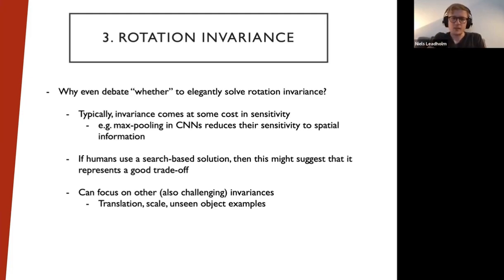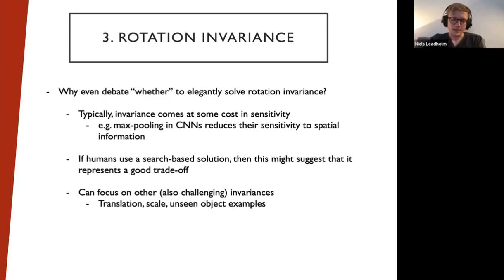A classic example of this is max pooling in CNNs, which reduces the spatial sensitivity of a feature representation, which helps with translation invariance, but it also coarsens the spatial code of features and potentially makes them have undesirable properties, like being approximately a bag of feature detectors and so forth. And so I thought, well, if humans seem to use a search-based solution, or at least a semi search-based solution, rather than solving this task perfectly, then that might represent the fact that biology has found it to be a good trade-off.